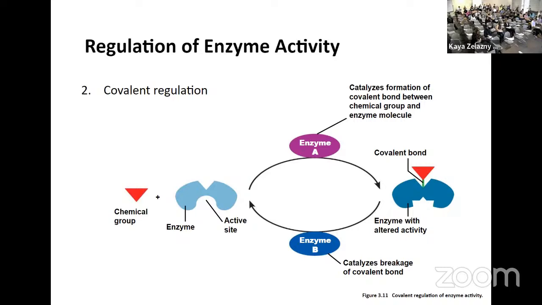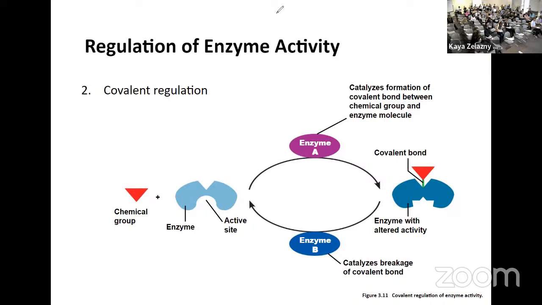In allosteric regulation, the modulator goes into the regulatory site, but we didn't form any covalent bonds there, so it might just pop out a little while later. So it can alter our reaction temporarily, but it's not necessarily going to have a hugely long-term effect unless we have lots and lots of that regulator molecule. But in covalent regulation, because we're adding on a chemical group by a covalent bond, we're going to see changed effects to that enzyme until that bond is broken.